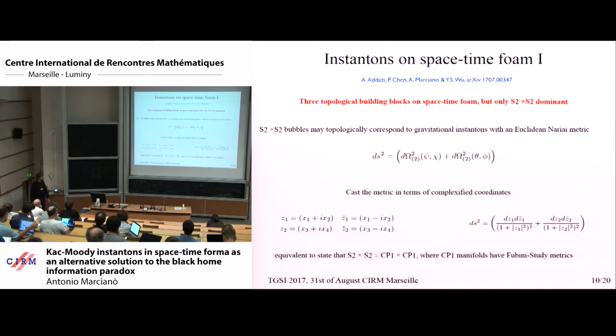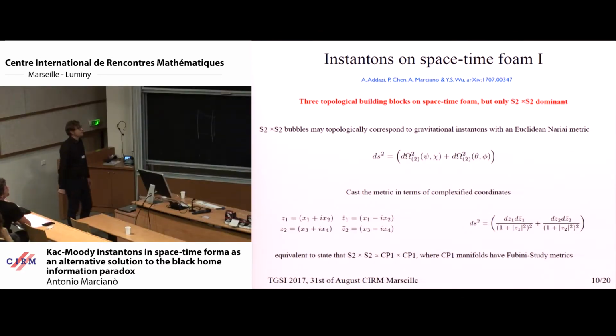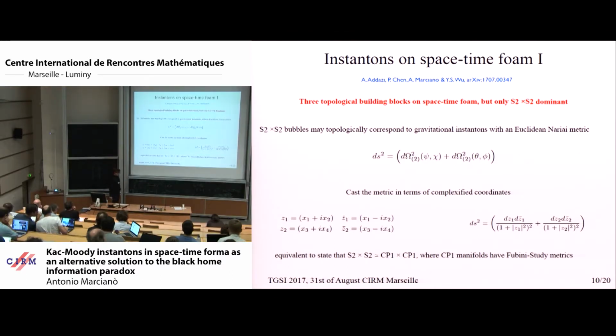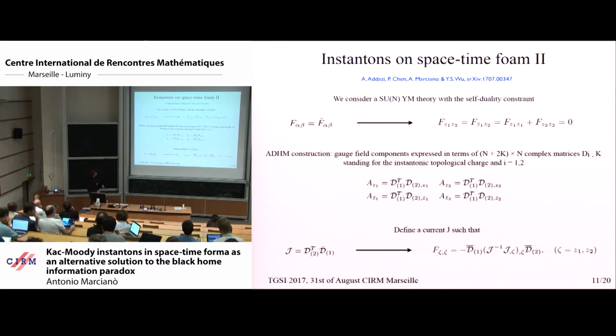The others are subdominant. So we can take this one into account, consider the Euclidean Eguchi-Hanson metric on it, and reshuffle it in terms of complexified coordinates. On these complexified coordinates, we notice that this decomposes into a projective Euclidean Riemannian sphere, on which you can find the Fubini-Study metric.